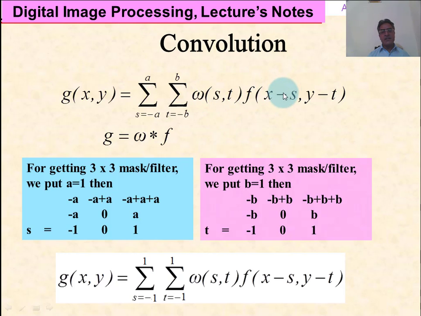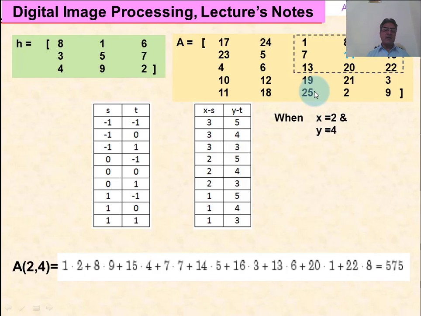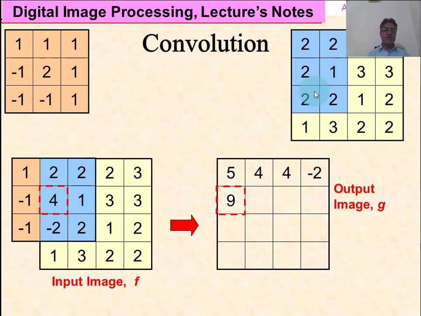Here the difference is, in convolution we subtract the subscript of the mask from the coordinate value of the input image, and the second coordinate value of the mask is subtracted from the second coordinate value of the input image. But in correlation we are adding these values.